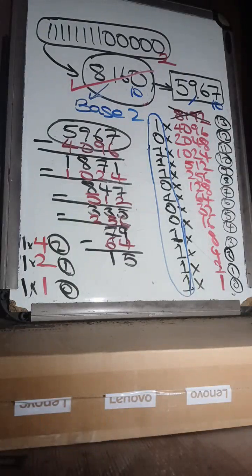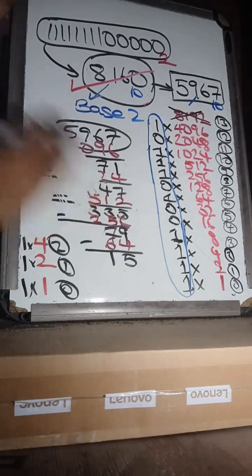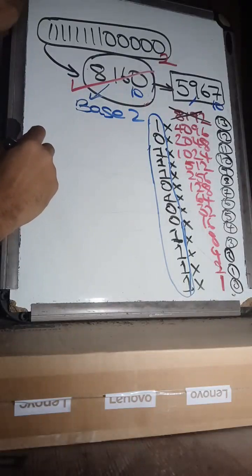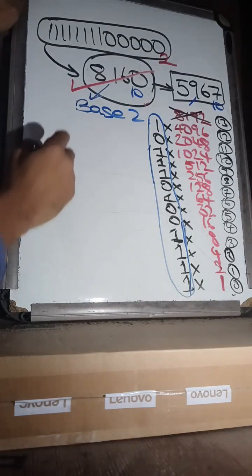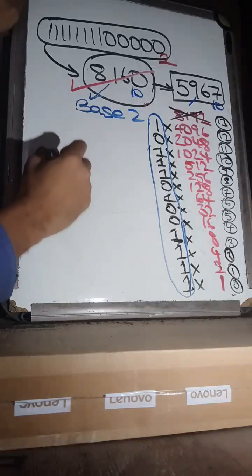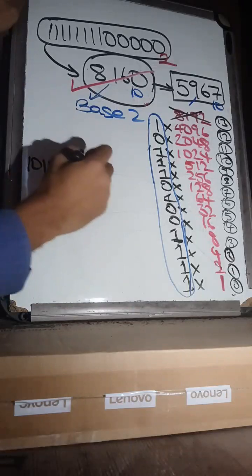So okay, now that we've done that, if we were to write it, it would be 10111 01001.